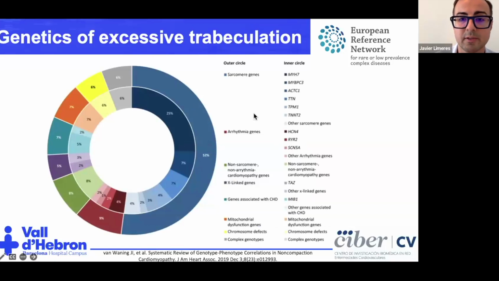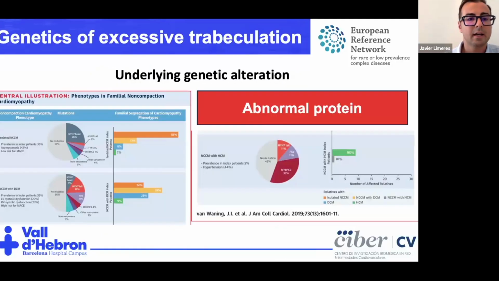The most frequent are genes related with sarcomere genes like MYH7 and MYBPC3, the heavy chain of the myosin, you can see, and it's less frequent, for example, for other genes like mitochondrial genes, muscle genes, etc. And in these series, in 50% of cases you cannot find any mutation in any genes, but sometimes you can find the disease is hereditary.